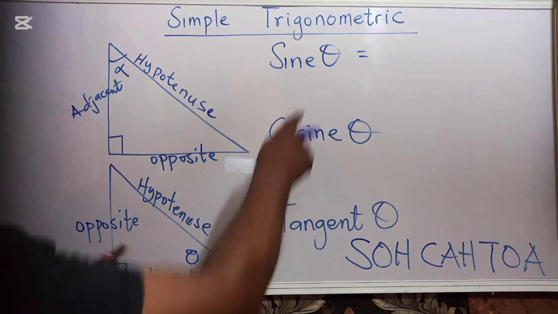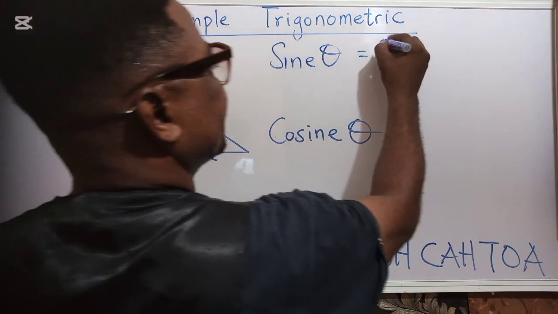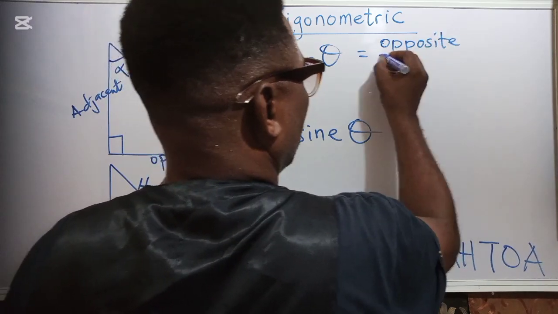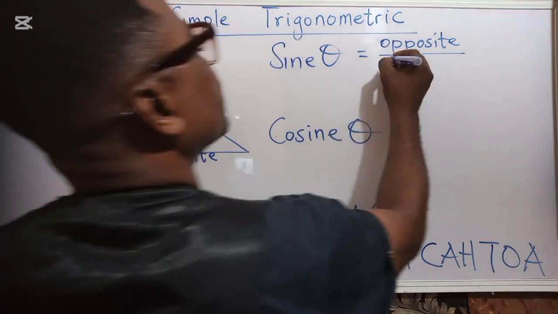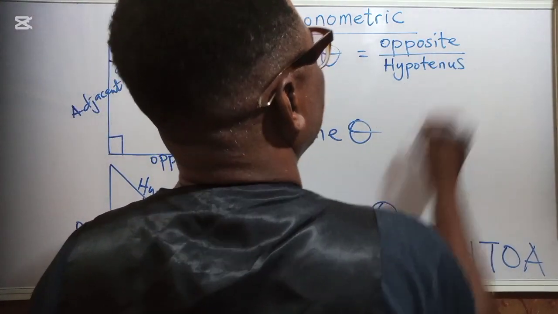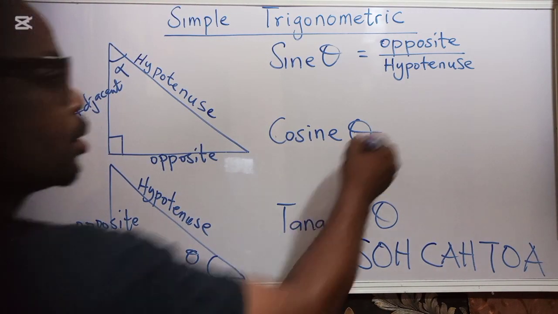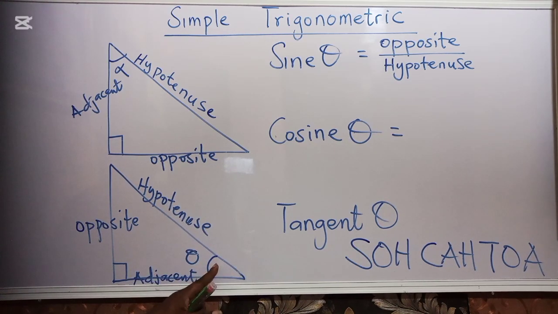Now this one, sine is opposite over what? Hypotenuse. So that is that. Cos theta. We are still using this theta.